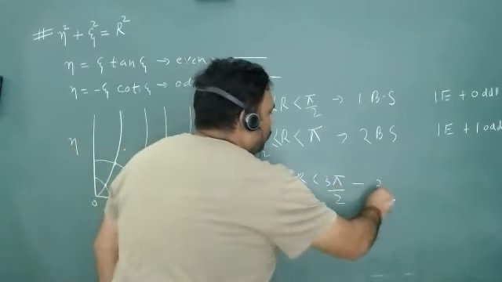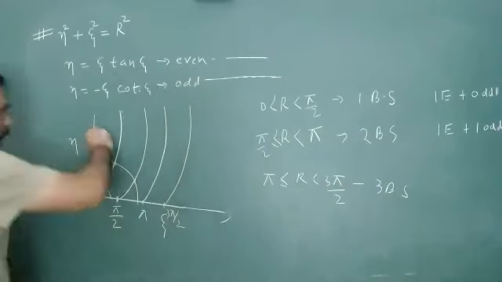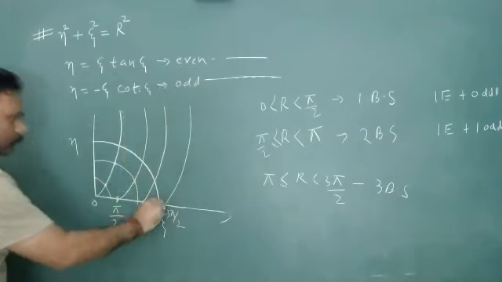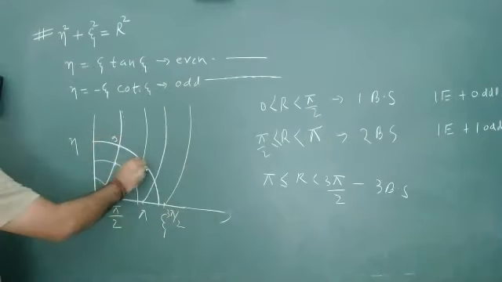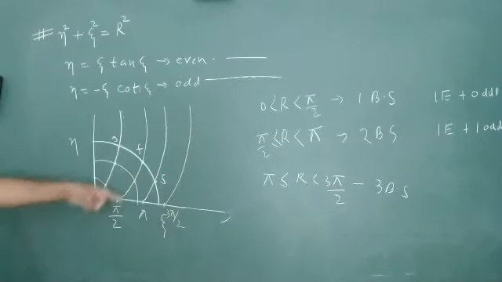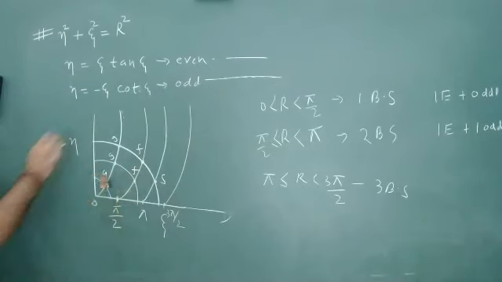You have basically three bound states, and that will be this type of condition. So this is your ground state, this is your first excited state, this is your second excited state. For this particular case, this is your ground state, this is your first excited state. For this particular case, you have only the ground state.